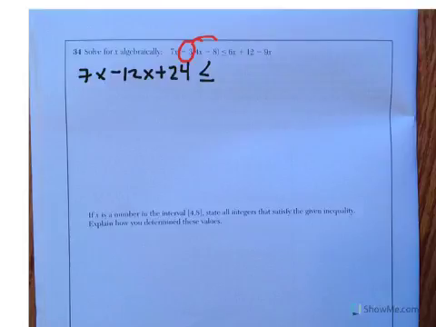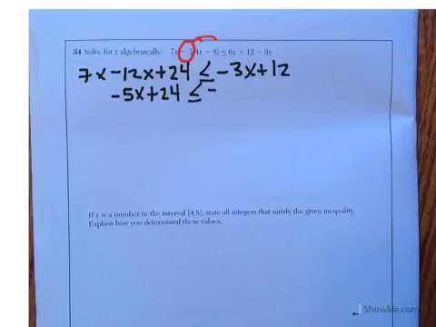Over here I have some like terms. 6x minus 9x is a negative 3x plus 12. Okay, combining like terms on the left-hand side, I will end up with a negative 5x plus 24 less than or equal to negative 3x plus 12.